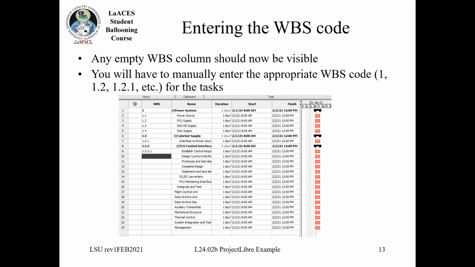And I'll do that until I have all the way down to my 4th level. So if you look at where it says establish control requirements, I have 4 numbers separated by decimal points, indicating that this is 4 levels down in my WBS.